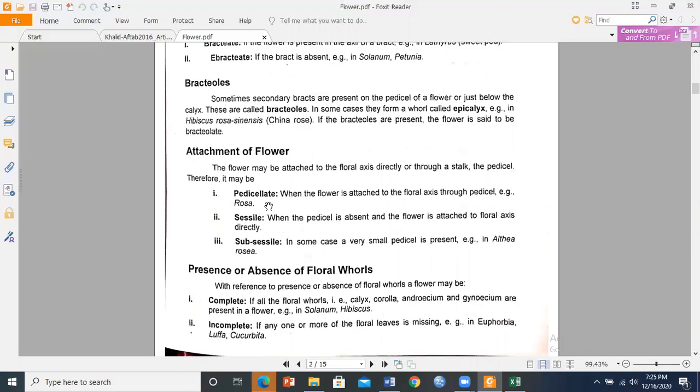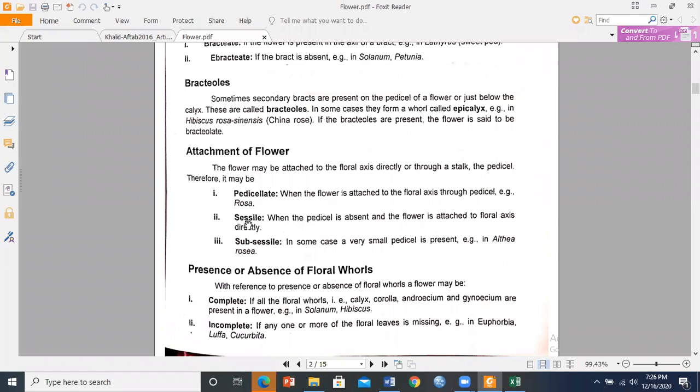Pedicellate: if the flower is attached to the floral axis through the pedicel, then the flower is called pedicellate, for example, in Rosa indica, the rose.